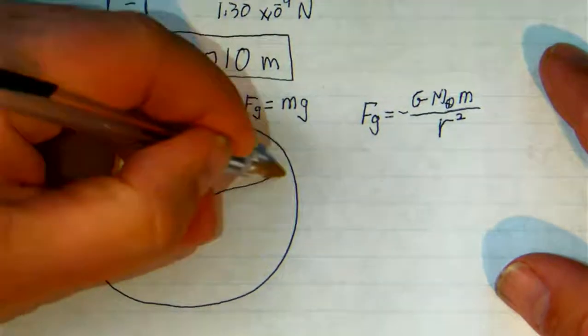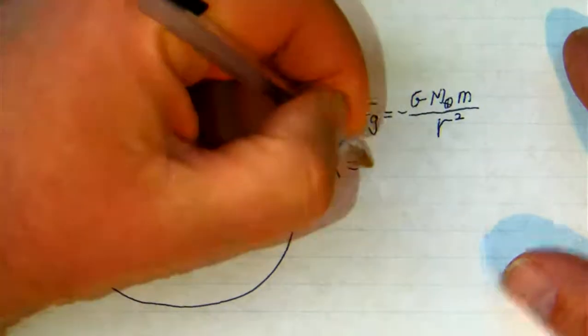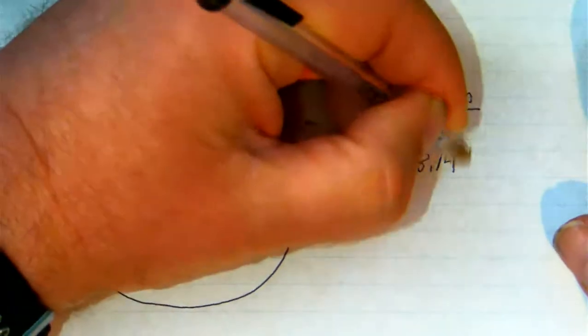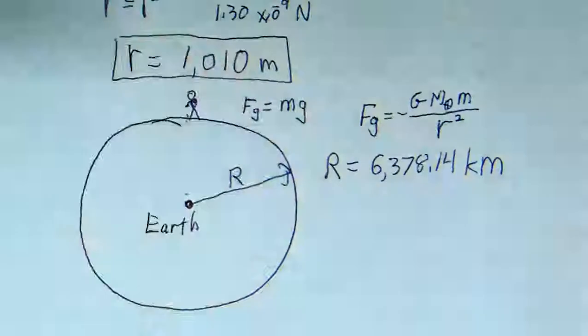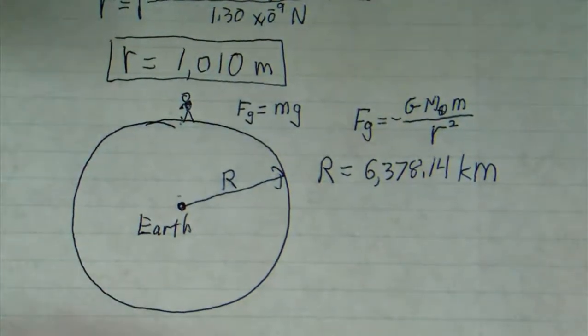And the Earth has a huge radius. The radius of the Earth is 6,378.14 kilometers, is the value that I like to use, because that's what we use in our software program called STK as the average radius of the Earth.